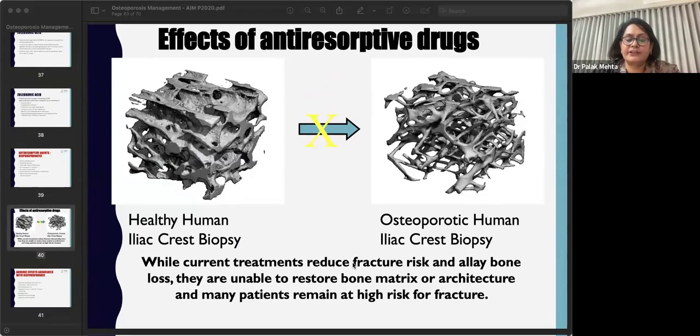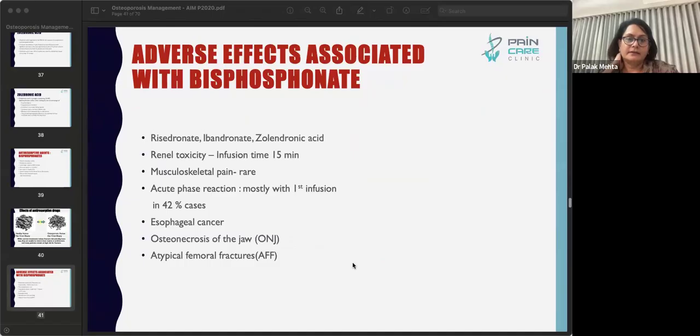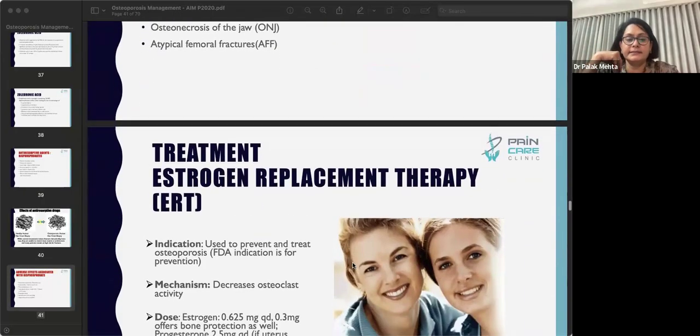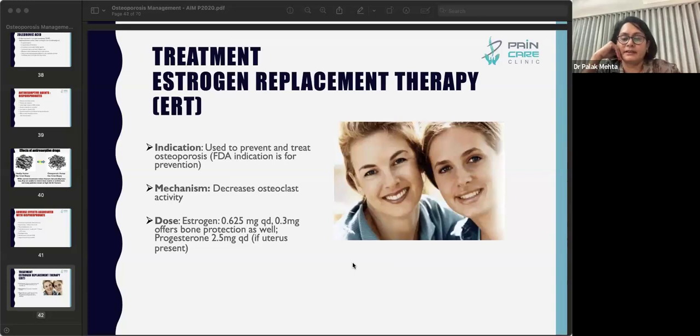While current treatments reduce fracture risk and allay bone loss, they are unable to restore bone matrix or architecture, and many patients remain at high risk for fracture. Adverse effects, as we discussed: osteonecrosis of the jaw, esophageal cancer, atypical femur fracture, renal toxicity, particularly with the oral bisphosphonates, and acute phase reaction, which happens mostly with the first infusion of zoledronic acid in 42% of cases. Next slide, please.